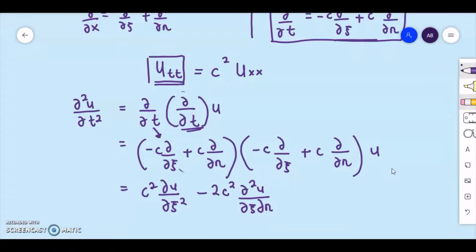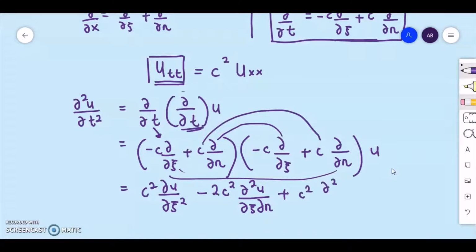I have partial xi over partial eta, and then I have partial xi over partial eta, so there'll be 2 of that c squared, and then plus c squared partial squared over partial eta squared, and don't forget my u here. So this is my u_tt, in other words.